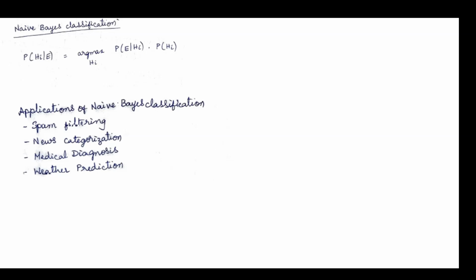So I was saying that naive Bayesian classification finds applications in all these domains along with many others. Now, naive Bayesian classification does have its own set of advantages and disadvantages.